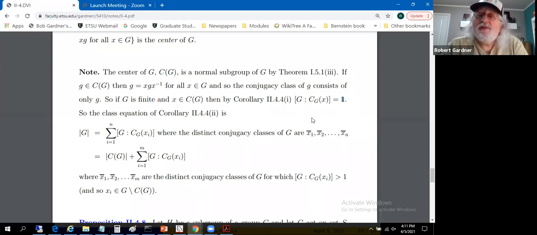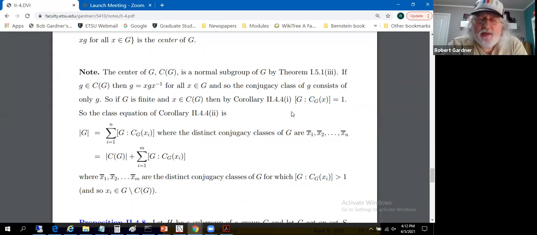The corollary tells us that that equals the index of the centralizer of x in group G. This square bracketed quantity equals the cardinality of the conjugacy class. But when you choose something from the center, that cardinality is 1. So that's where we get this from.